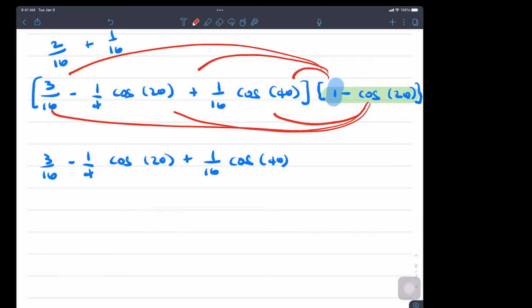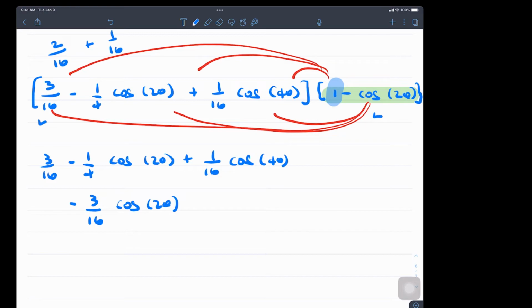But you might say, I'm going to run out of space. Put it under the other terms. Here's what I mean. You see this negative cosine 2 theta times 3/16? That's going to give you negative what? 3/16 cosine of what? 2 theta. Put it below that term, okay? This will make everything easier.